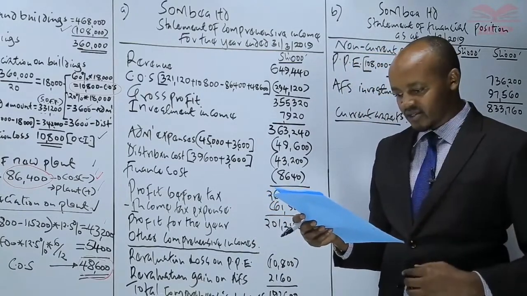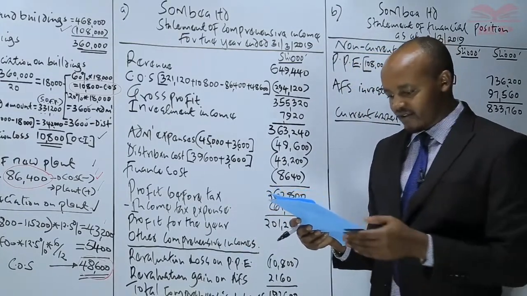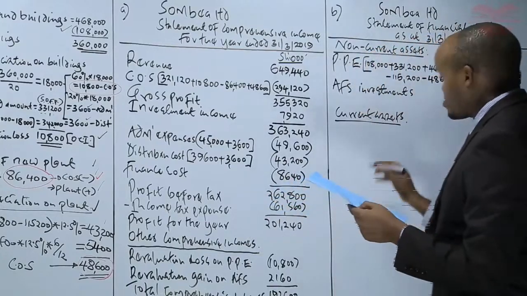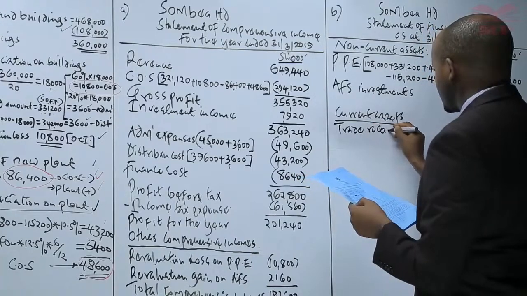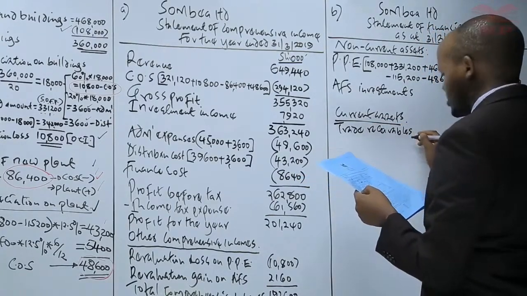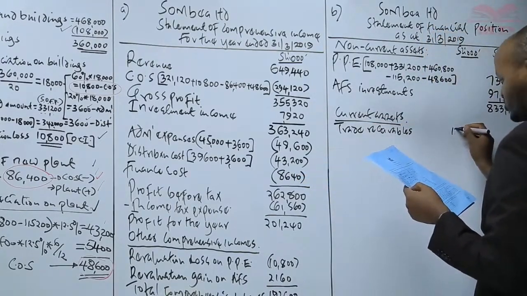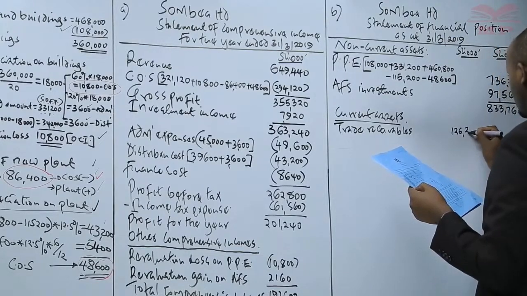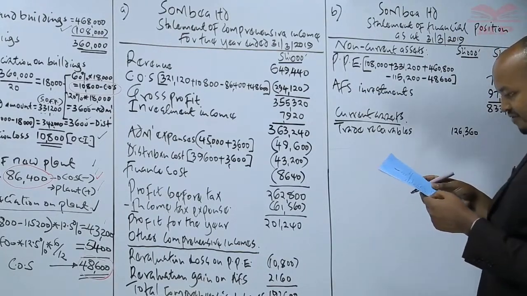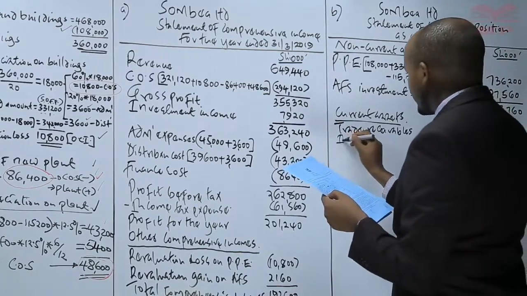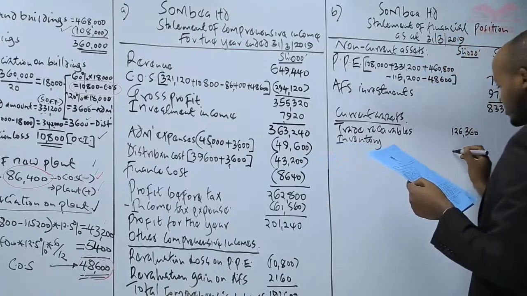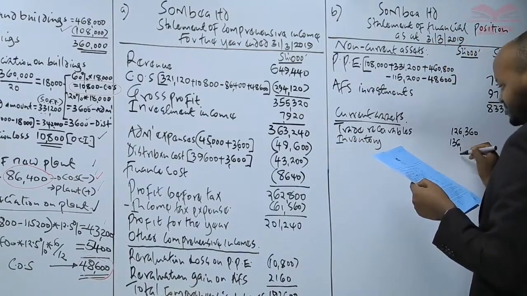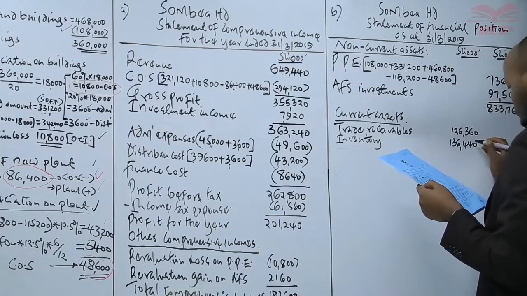So let's go back to the trial balance. We check which current assets we have, and the first one is trade receivables, which is an amount of 126,360. Above that we have inventory at the end of the year, that is the closing inventory, which was 136,440.